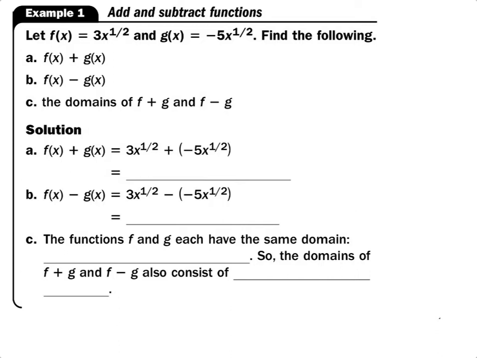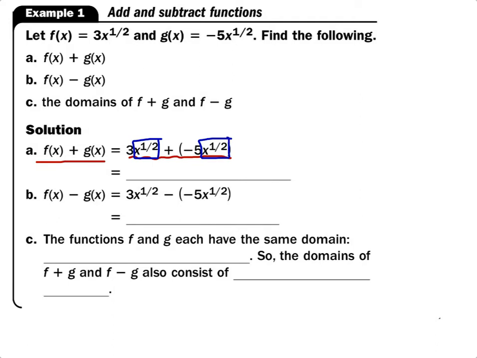We're on page 2. This is example 1, where we have to add and subtract a couple functions. Not very exciting, really, because while it makes it look like you're adding functions, and that might sound like a big deal, in the end, all you're really doing is adding some algebra stuff, and you quickly realize they're like terms because both terms have x to the 1/2.